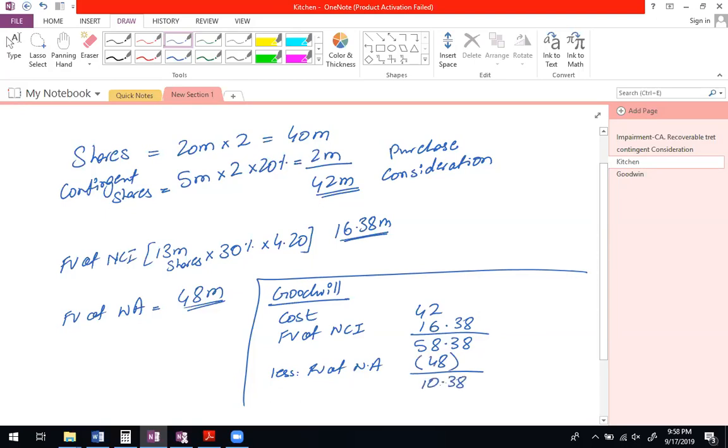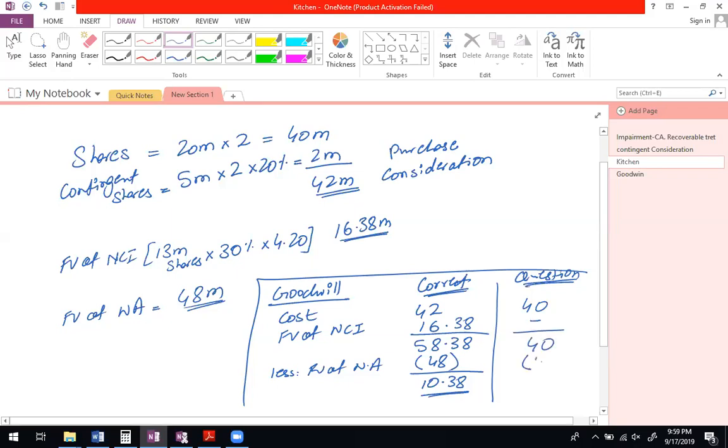So the total is going to be $10.38 million. So this is how we should be calculating. This is the correct method. And what the question has done is actually the question used 40 and deducted 48 to get a negative goodwill of 8. This is what the question has done, and this is what the correct method was actually.